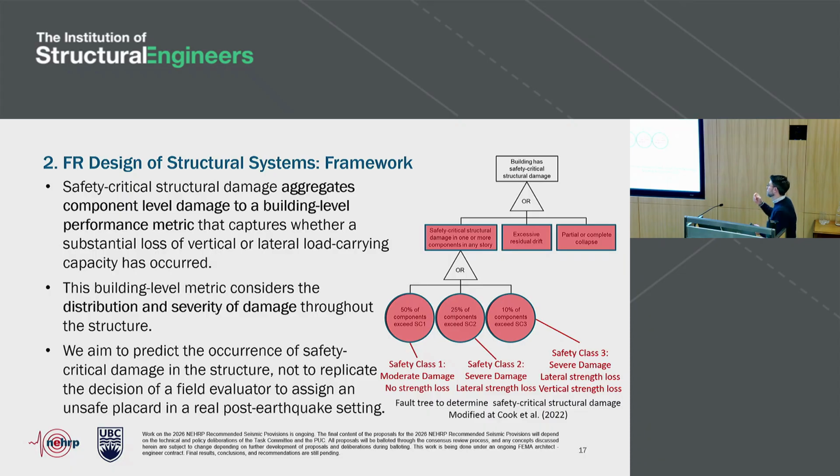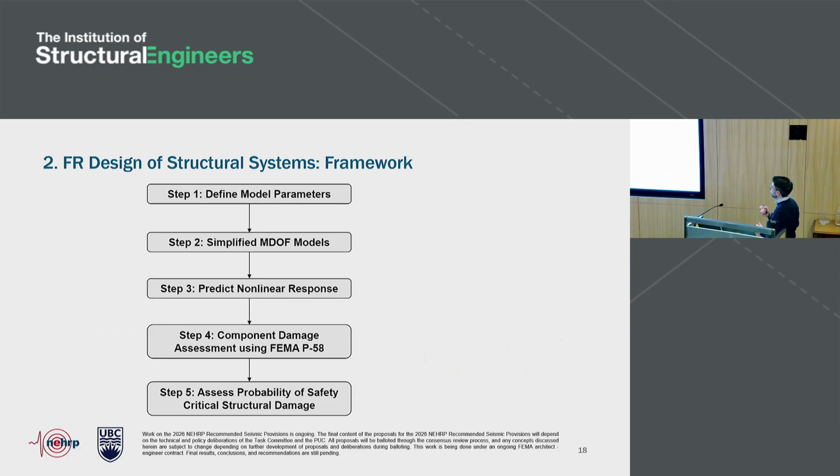You might recognize that maybe there's non-structural damage in the facade, falling hazards, gas leaks, other conditions that lead to a red tag that aren't necessarily the structure. So that's why we have a slightly different term to recognize that we're not trying to necessarily only replicate the decision of a field evaluator after an earthquake.